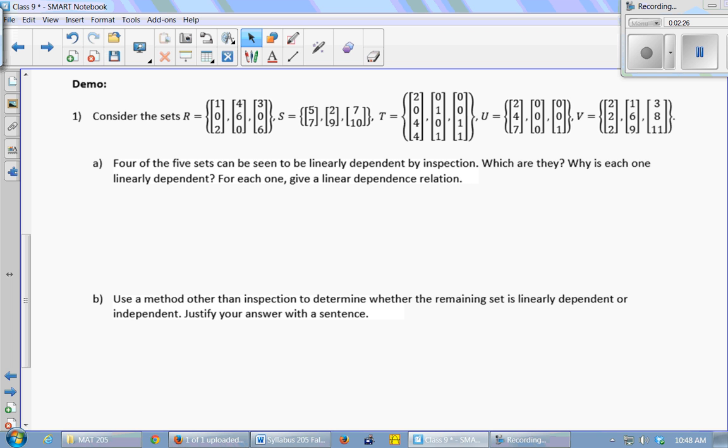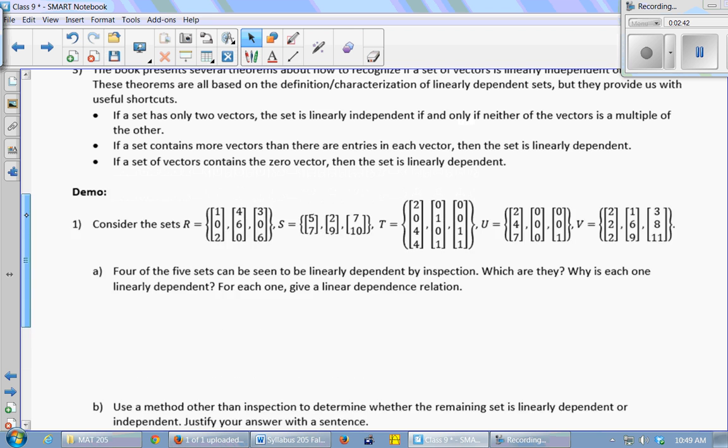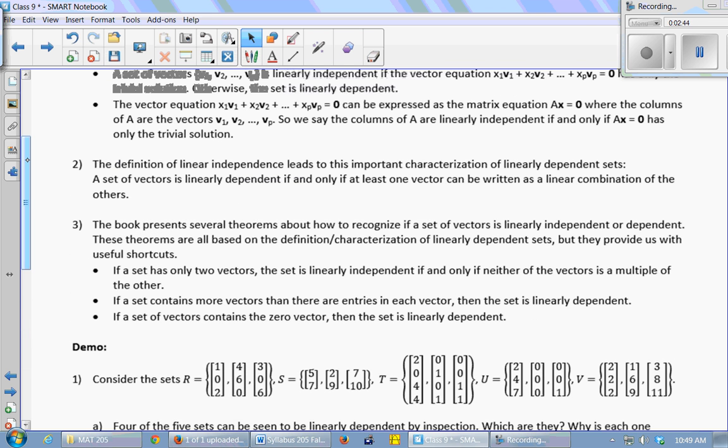So I've got 5 sets here, R, S, T, U, and V. 4 of them you can immediately, or with a little bit of effort, identify as linearly dependent. Okay, so one of the main things from the reading was this number 2, right?